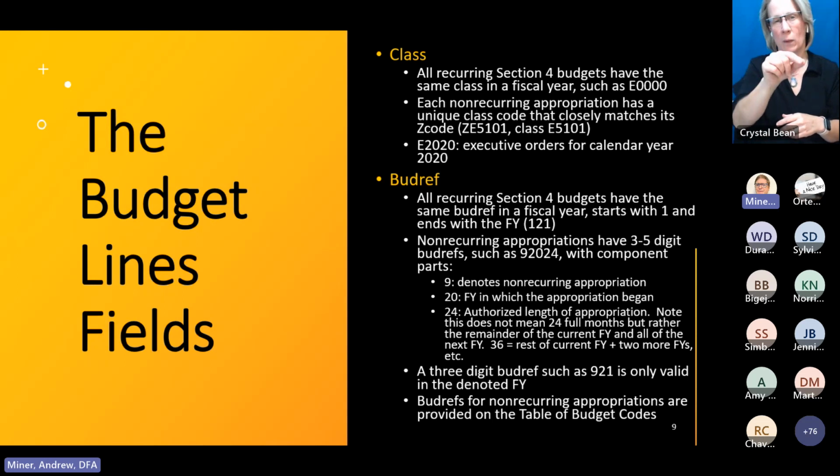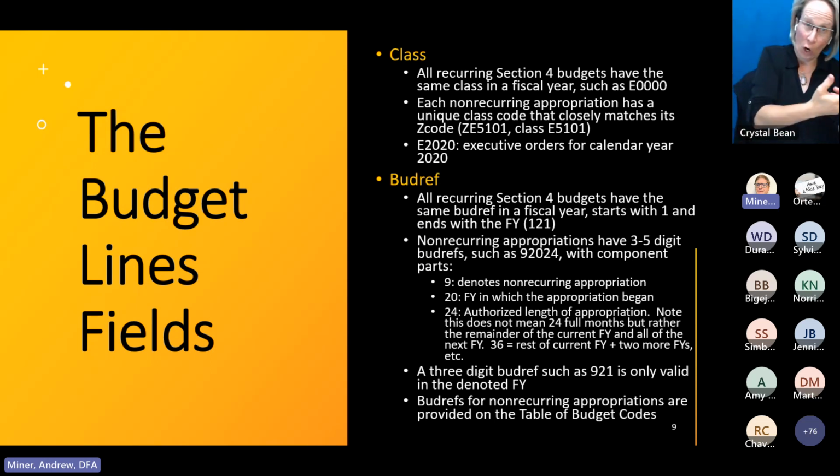Okay, but then they're valid through all of the next fiscal year, FY24. Okay, so everything in Section 5, again, unless the language specifically says otherwise, this year has a Bud Ref of 92324. 23 because it started in fiscal year 23, and 24 because it lasts throughout the next fiscal year.